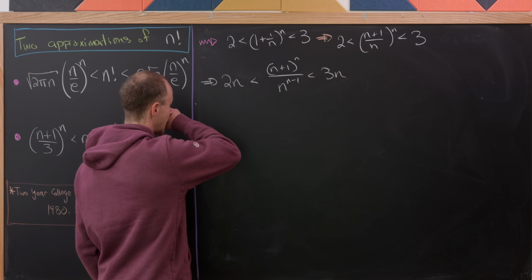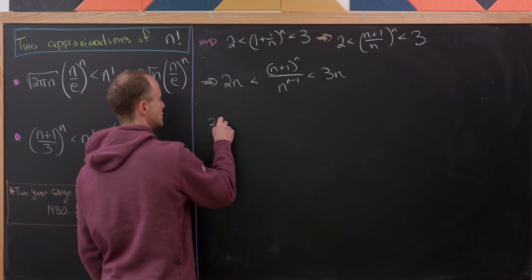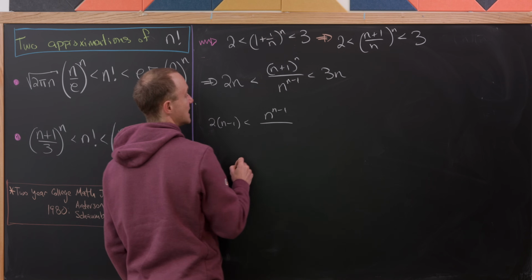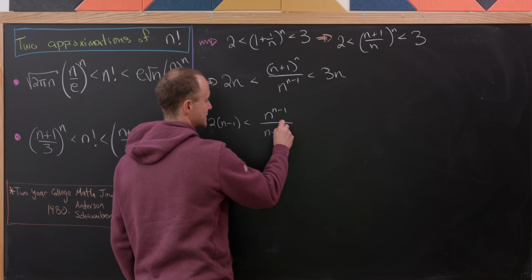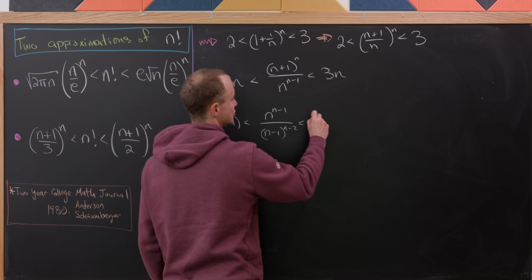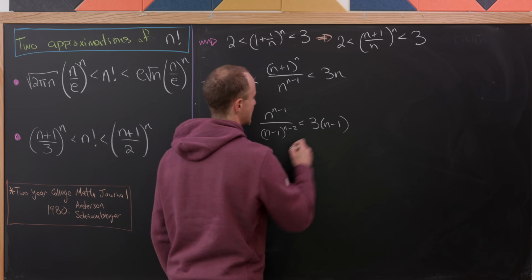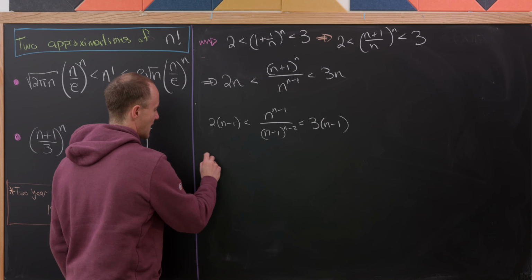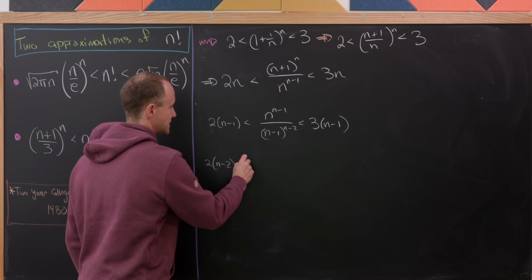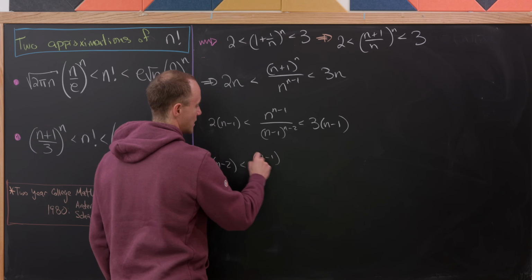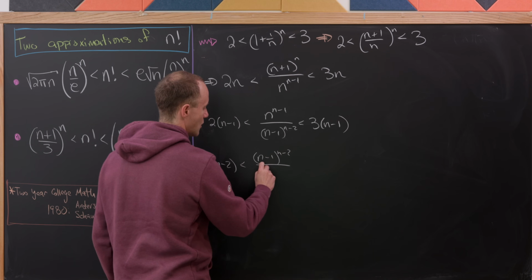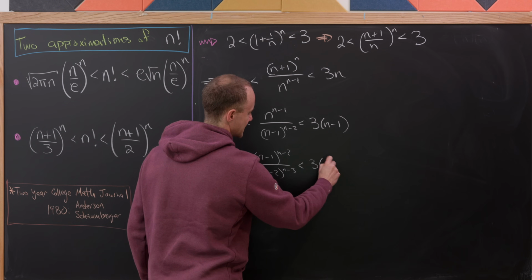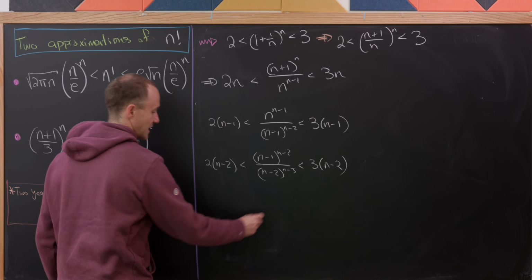So replacing n with n minus 1 here, we get 2 times (n minus 1) is less than n to the n minus 1 over (n minus 1) to the n minus 2, which in turn is less than 3 times (n minus 1). And then next, we'll have 2 times (n minus 2) is less than (n minus 1) to the n minus 2 over (n minus 2) raised to the n minus 3, which in turn is less than 3 times (n minus 2).